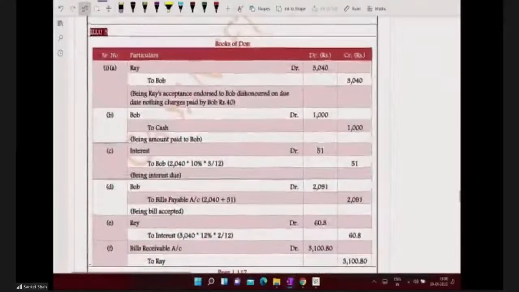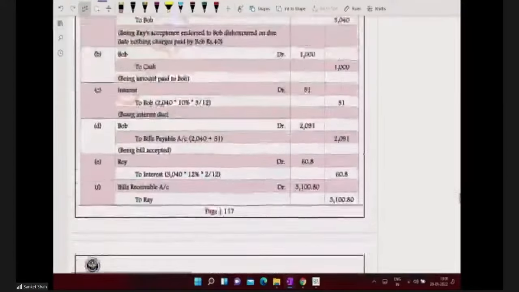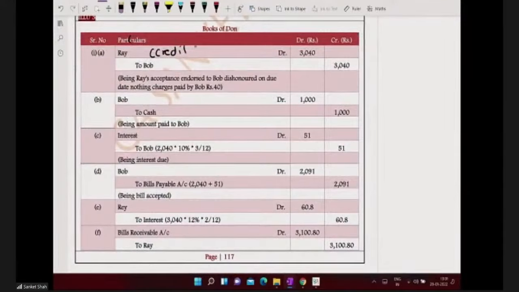See these entries. Ray account is our debtor, Bob is our creditor.